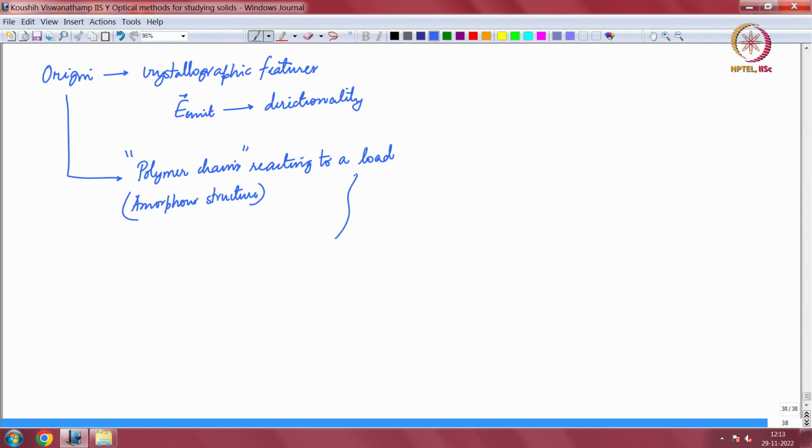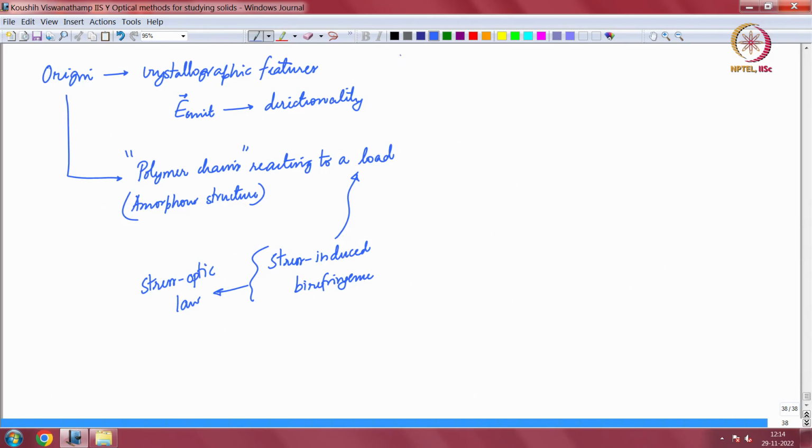And this is what is called stress induced birefringence, and it is governed by something called the stress optic law, which we will discuss in more detail. I am just giving you a sort of bird's eye view of where we are heading with this.